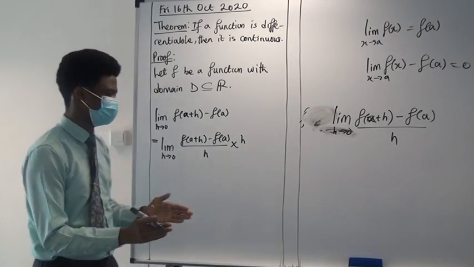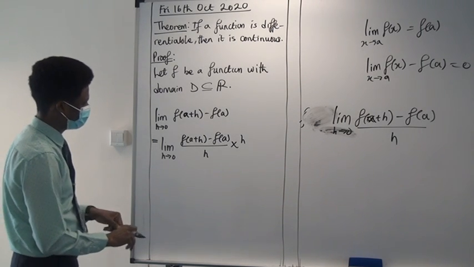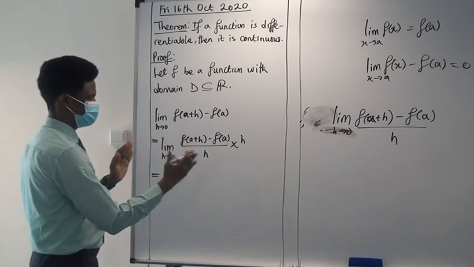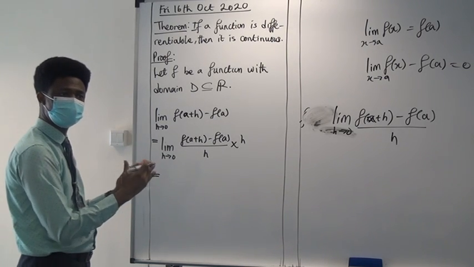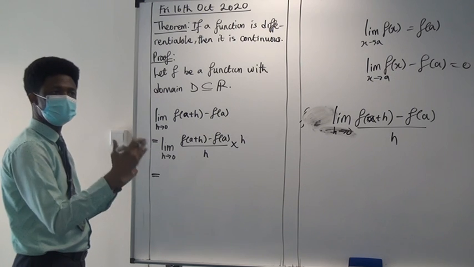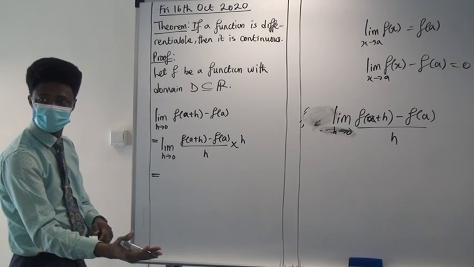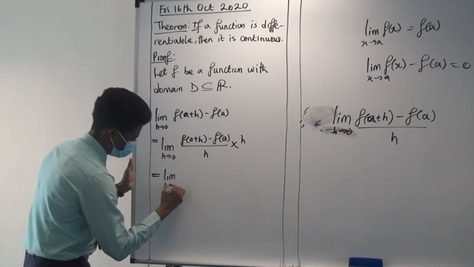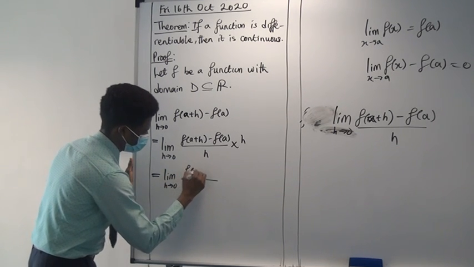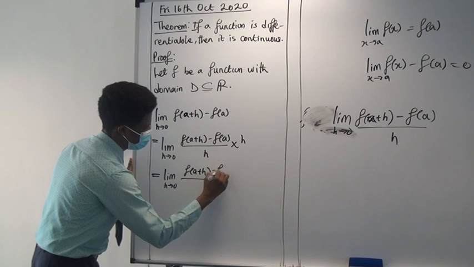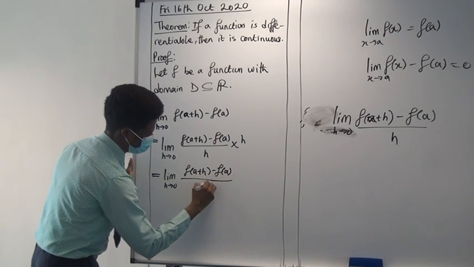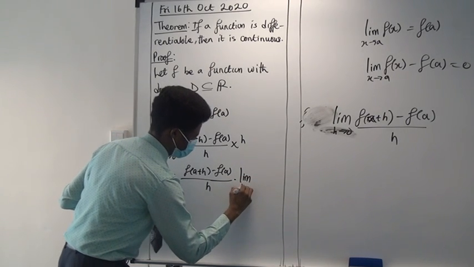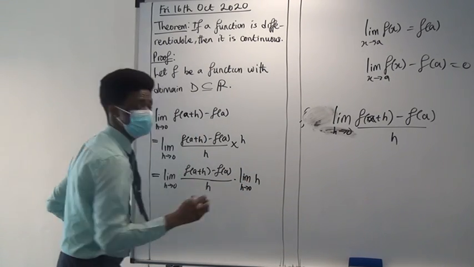So you have to learn some of these manipulation skills. Now, because of the limits, we can have a product. When you have a product, the limit of a product of two functions is the product of their limits. Do you agree? Then we can change this to the limit as h tends to 0 of f of a plus h minus f of a divided by h, times the limit as h tends to 0 of h.